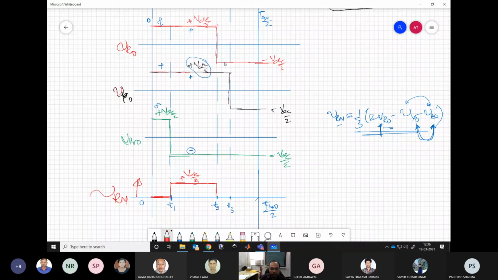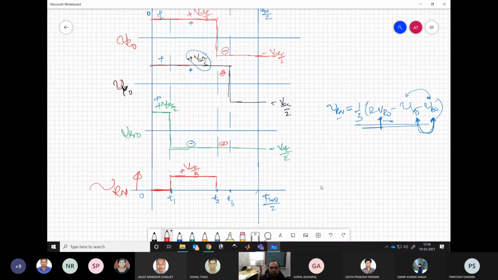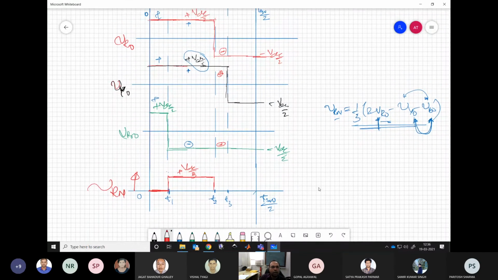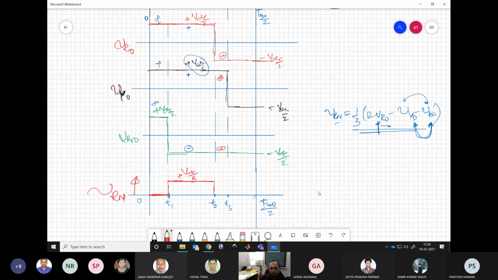Now for the next state, R has gone negative, Y is positive and B is negative. Because Y and B are of opposite polarity, R alone will tell the value. Sorry, let me check quickly. Yes, fine, that is true.